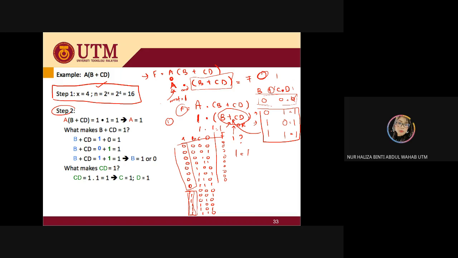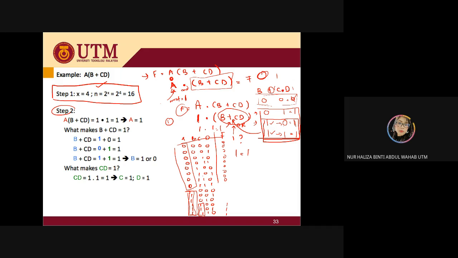So how? Here you can see there are 2 similar things. When you have B is 1, whether your CD is 0 or your CD is 1, you still get 1. So that's why you go directly when you have B as 1, whatever value for your CD, you will get 1, 1, 1, 1.